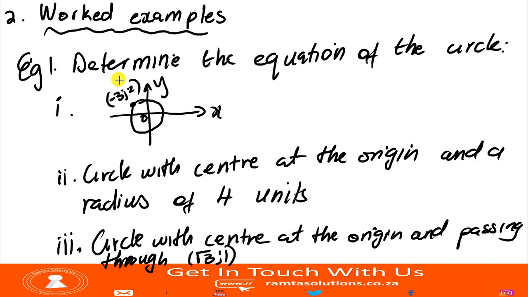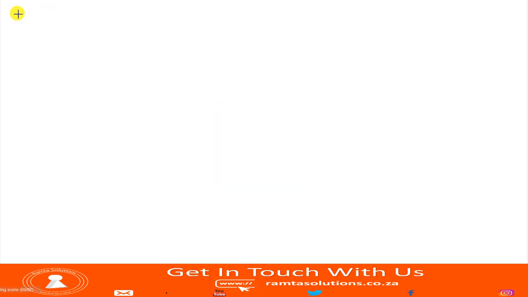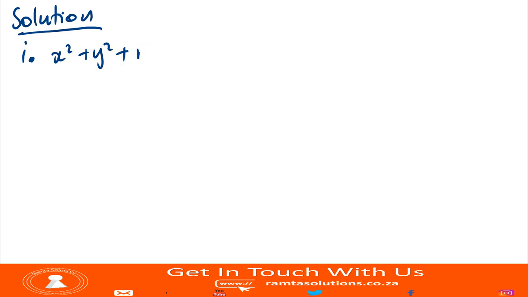So we're going to look at example 1. Oh no, let me do it on the next page. So our solutions for circle with center at the origin, Roman figure 1, we have x squared plus y squared equals r squared.